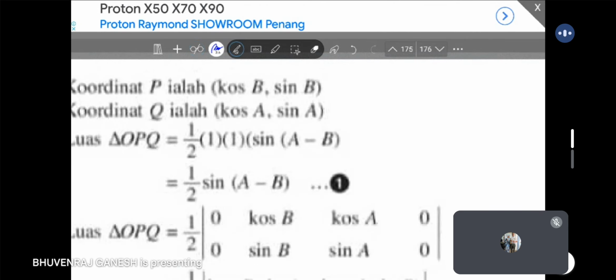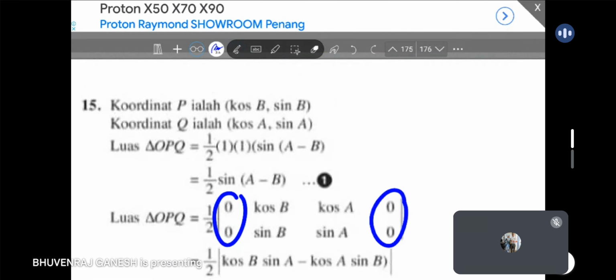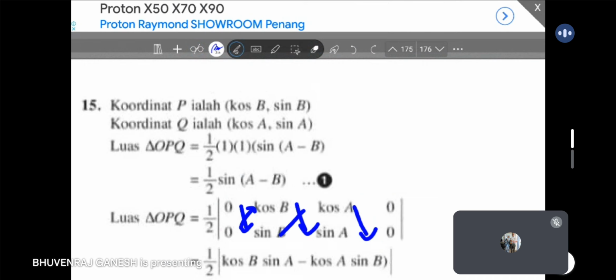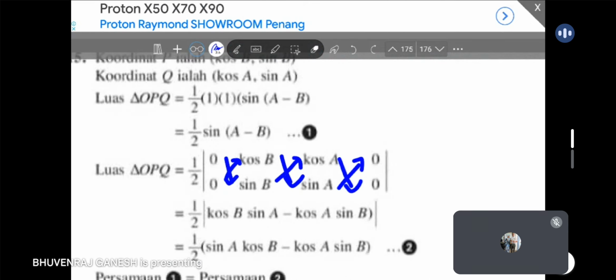Okay, can you see here? You just apply the formula lah. So the most important thing is that you must start and end with the same coordinate. Okay, kena mula dan akhir dengan coordinate sama. Okay, so then you guys can use the shoelace method. Okay, guna kaedah ikat tali kasut. Okay, so up times bottom minus bottom times up. Okay, so you will get this answer.